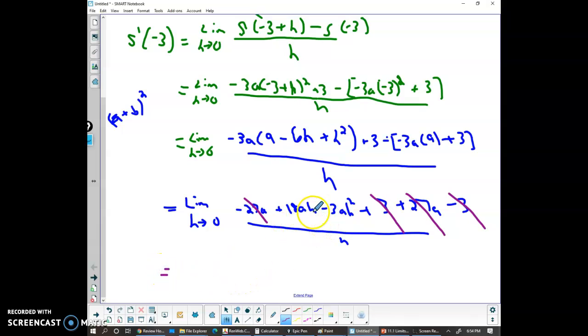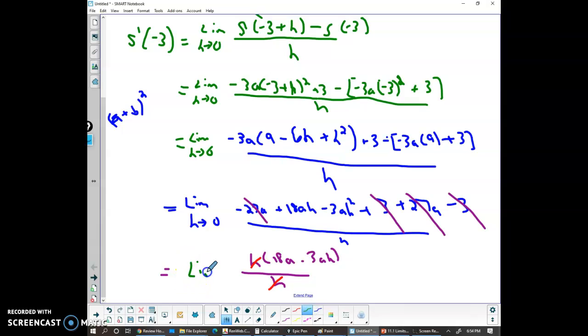Now I'm going to factor out the h, as you almost always do in these problems, because if you factor out the h, it will cancel out, which is nice. So we have 18a minus 3ah, all over h. These h's cross off now, and we can substitute.